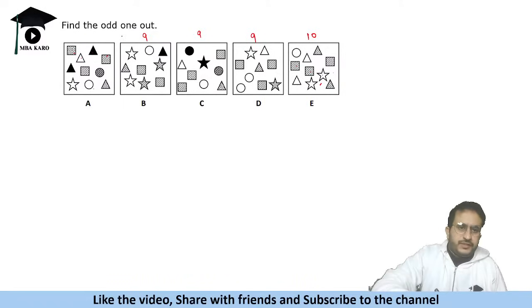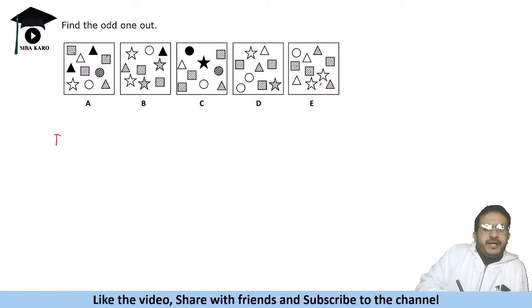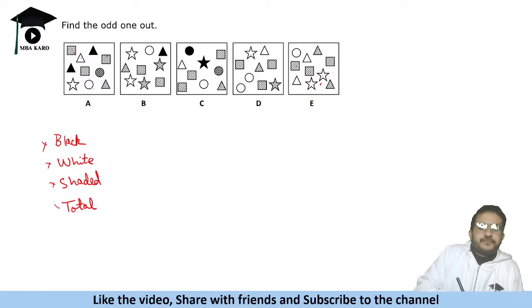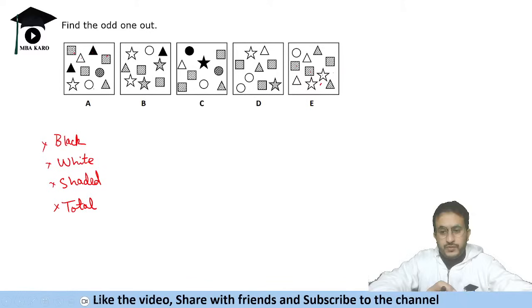Okay, so what we tried: how many black images are there, how many white images are there, how many are shaded, the total number of images, right? And neither of them worked in our favor. So what else can you think of? Number of small squares.